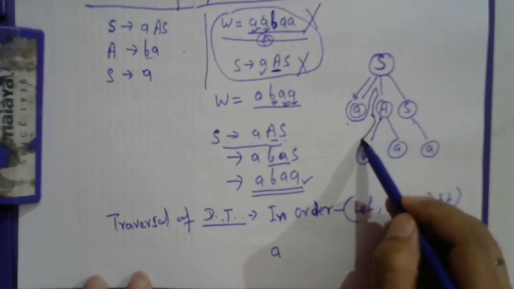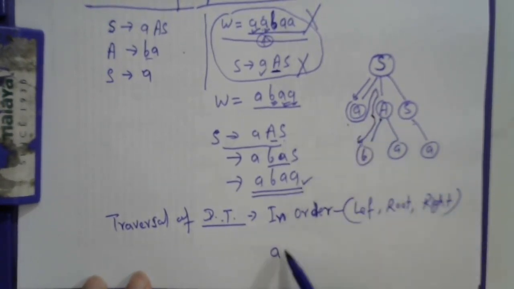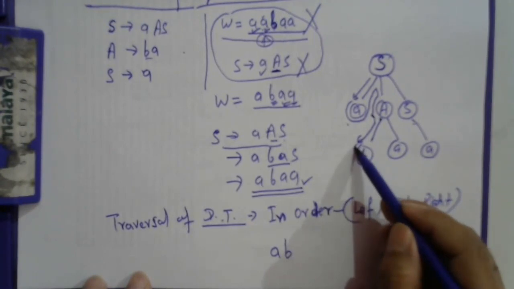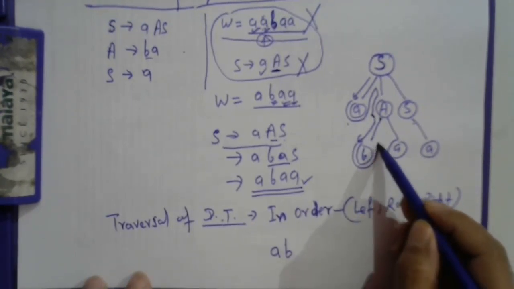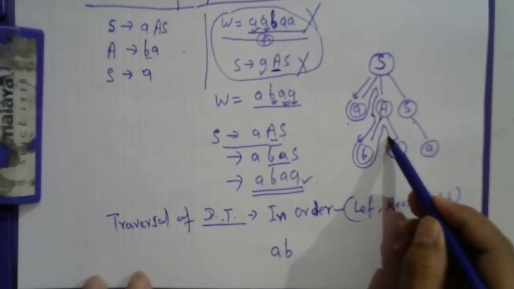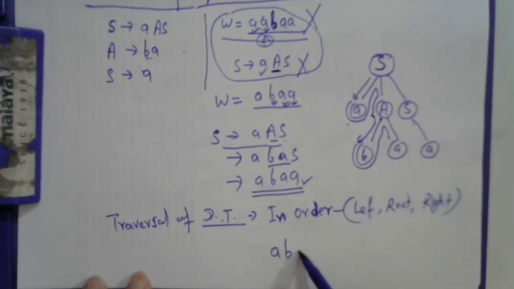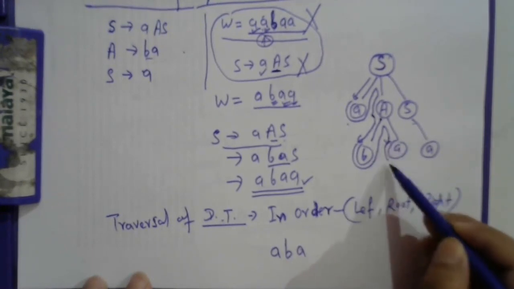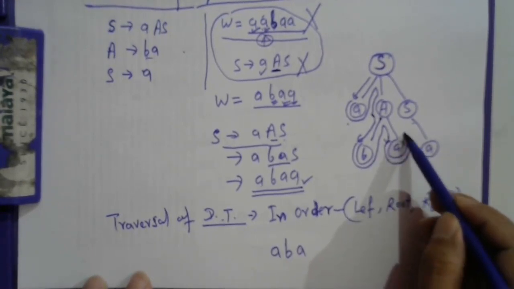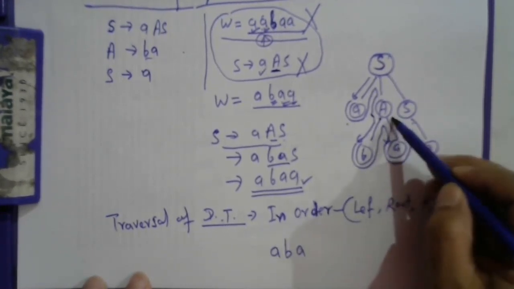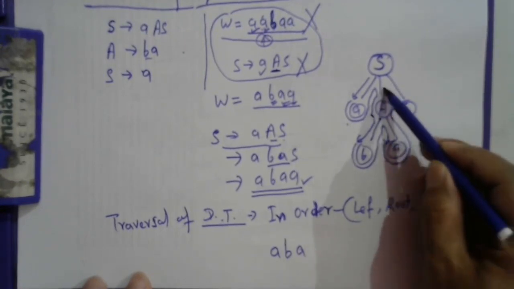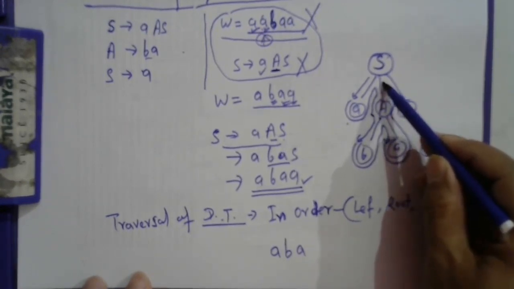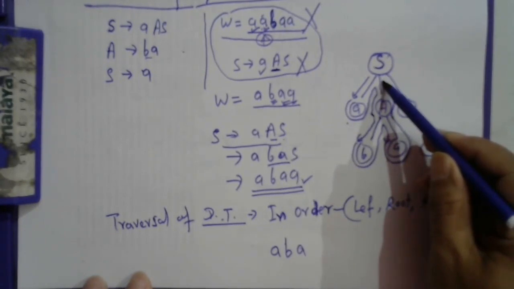Again left, we get the next symbol B, so you write B. Again we go back to the root. Then the next symbol on the right is A, so you write A. Then after writing this A, we go back to the root of A, but there is nothing on the right. Then again we come to the root, and there is something on the right.